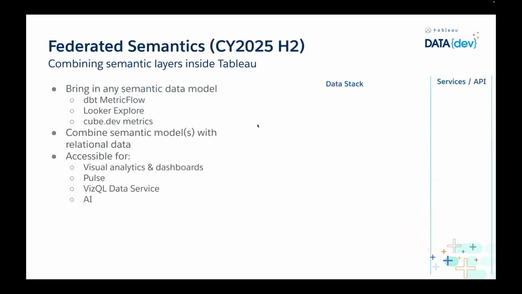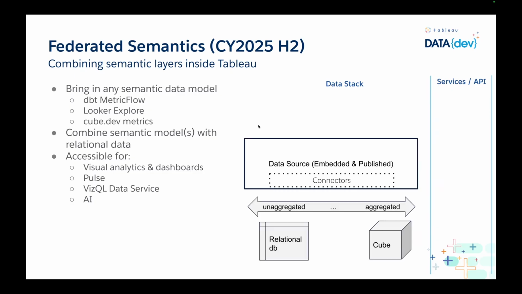So that means bringing external metrics into Tableau can be quite simple, at least semantically speaking. On the right-hand side of the slide, I've highlighted 2 key pillars that you as data developers would care about: the data stack of Tableau, and next to it, how you access it via services and APIs.